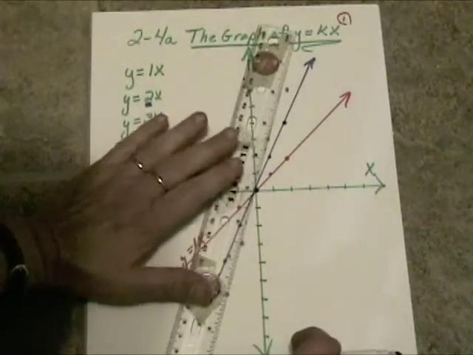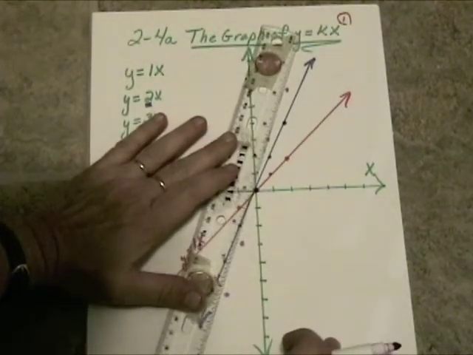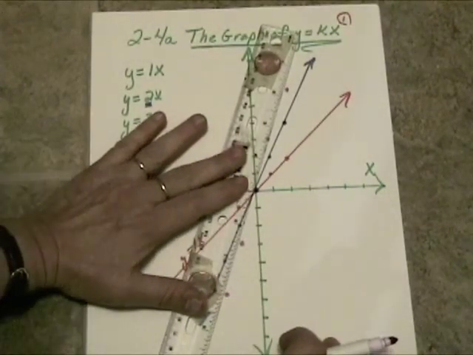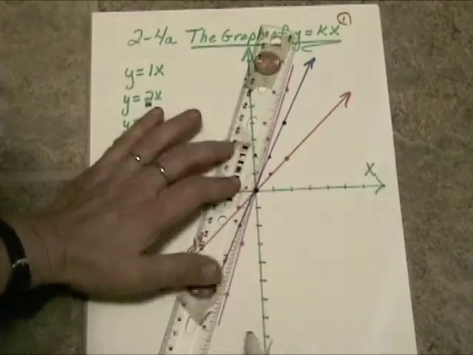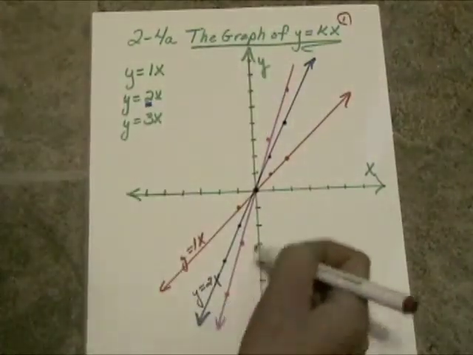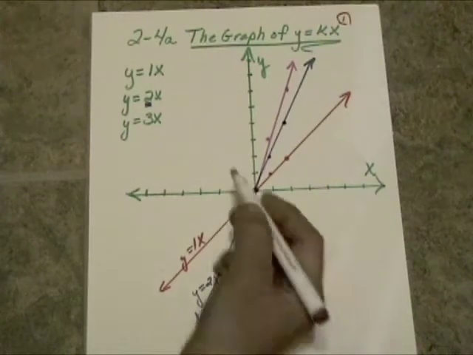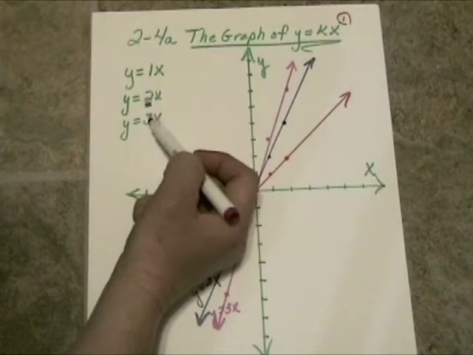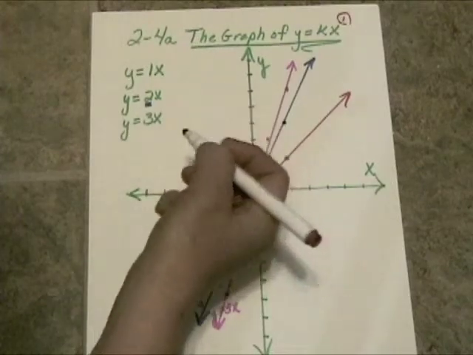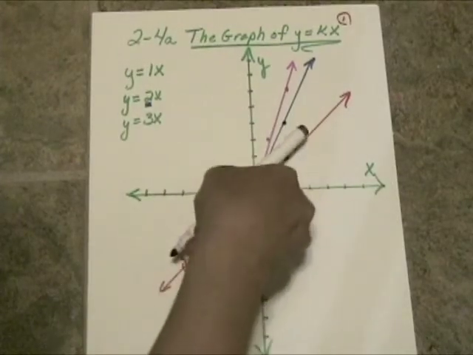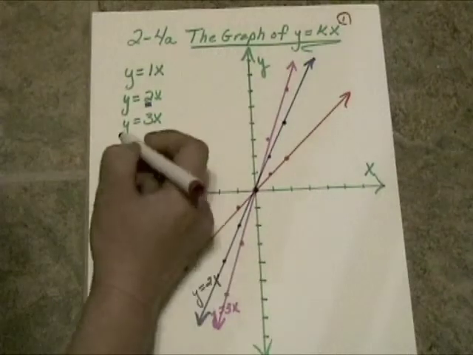So with a constant of variation of 3, it gets even steeper. This is y equals 3x. So as the constant of variation increases, as k increases, the line gets steeper.